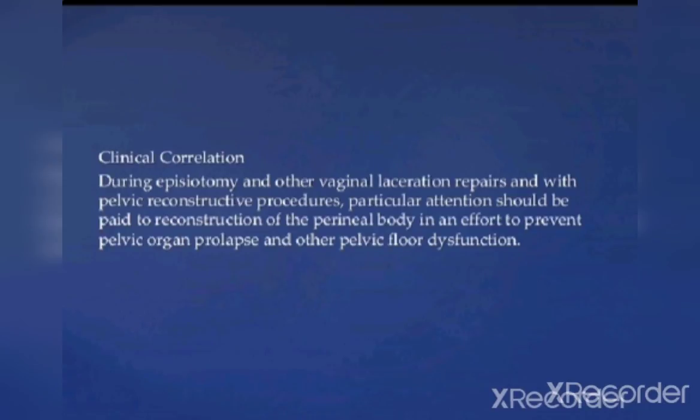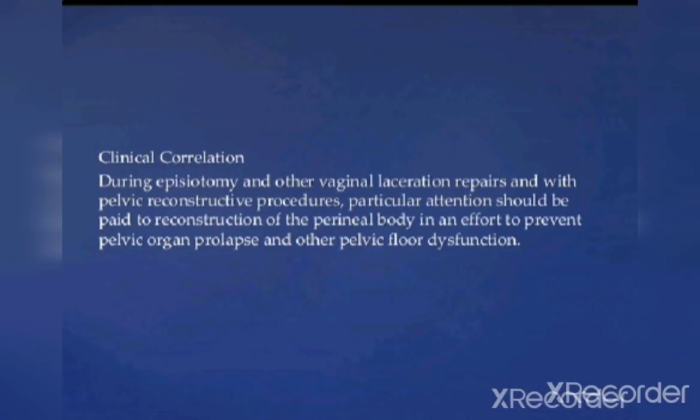Now, the clinical correlation: during episiotomy in a normal delivery, other vaginal laceration repairs, and pelvic reconstructive procedures, particular attention should be paid to the reconstruction of the perineal body, in an effort to prevent pelvic organ prolapse or other pelvic floor dysfunction. So this is very important during episiotomy, when the incision is given to this perineal body.